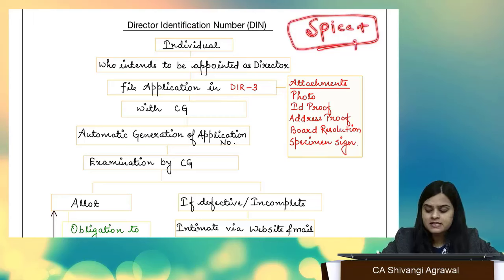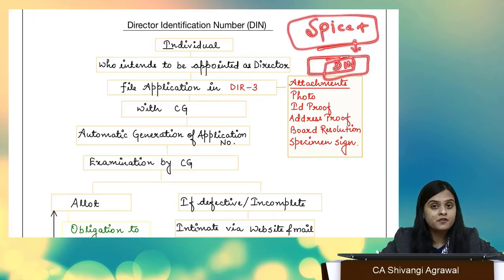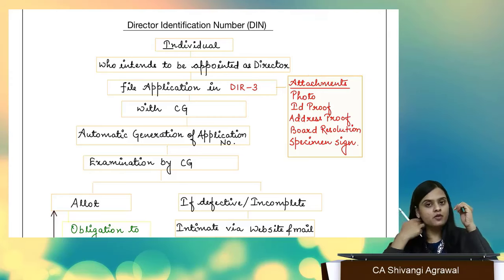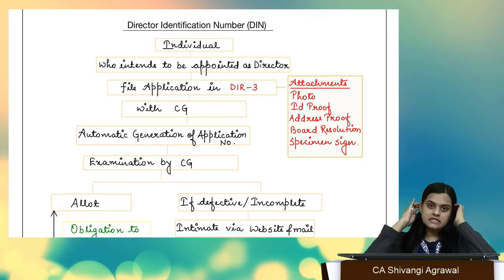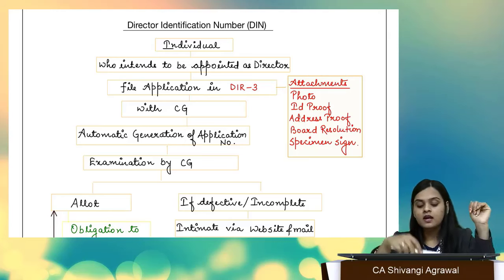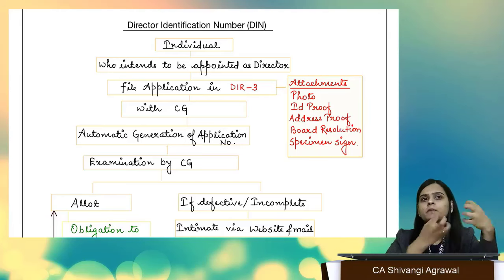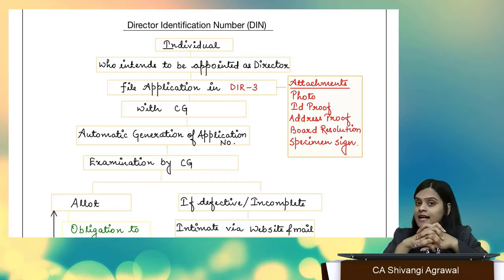So the choice I have is in SPICe Plus only, I can fill my details and it is going to work as an integrated form and will also provide me DIN apart from incorporation of the company. Right, so this is also a method of obtaining DIN. Otherwise, the general form and the regular form that we have for DIN is DIR 3. Now, just like you can obtain PAN as and when you need, you cannot obtain DIN as and when you need.